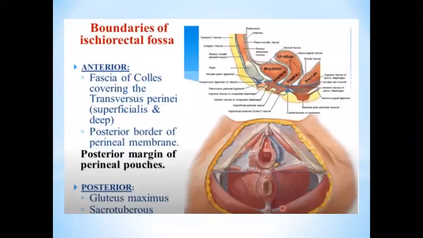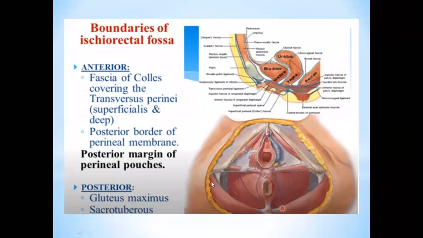Now anteriorly, it is formed by Colles fascia, which is continuous from the abdomen and comes downwards into the perineum. Also it is formed by the posterior border of the perineal membrane, or the posterior margin of the perineal pouches.